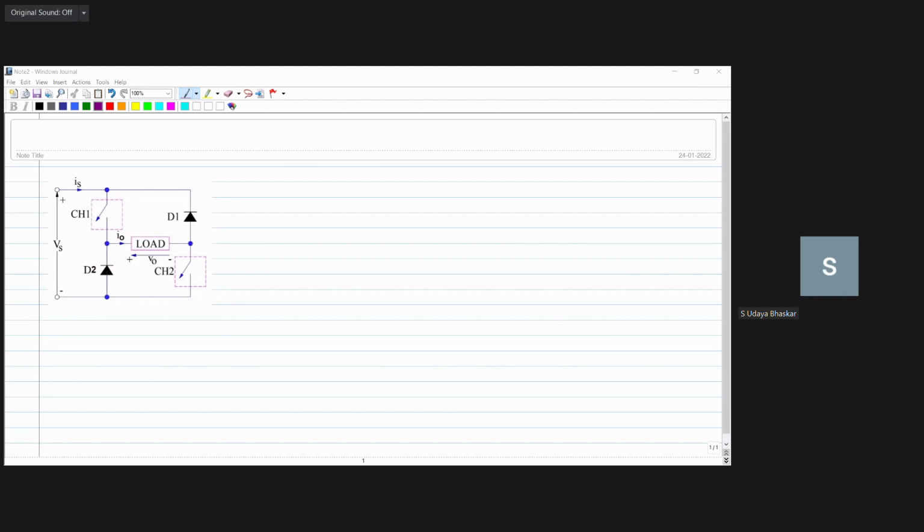And this is at a transient condition. What is happening? Transient condition, what will happen, that we will see.